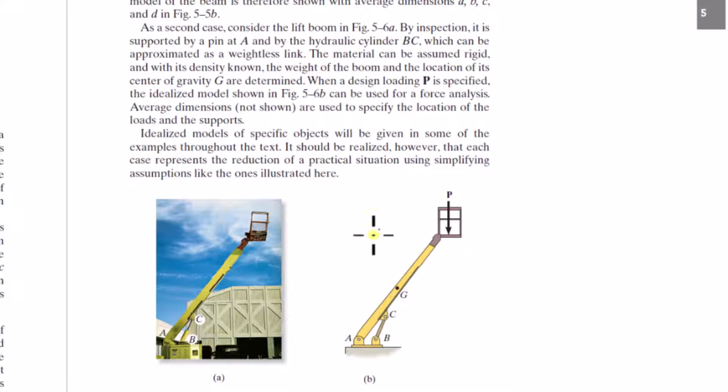And if you're looking at this entire system, the weight of this hydraulic cylinder is so small compared to this entire beam and bucket here, whatever you want to call this. It's like a weightless link. And even these pin connection pieces here, these clevises, that's negligible. All you're looking at is the weight of all of this combined.